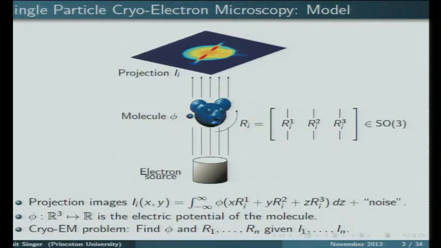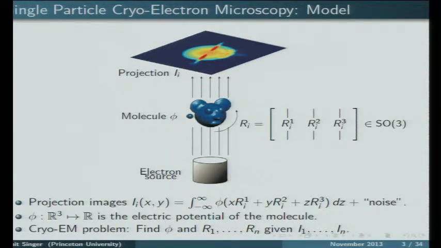Okay, so we can model this mathematically as follows. We have a molecule whose structure we don't know, and what we really are after is the electric potential created by the molecule. The molecule is made of a bunch of charged atoms.